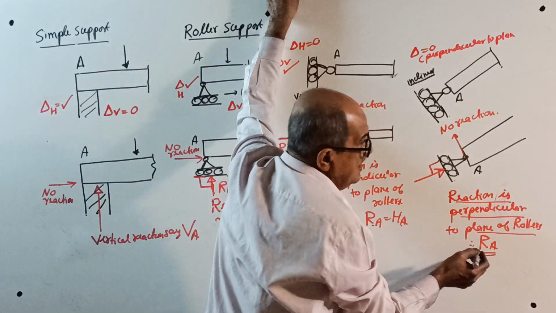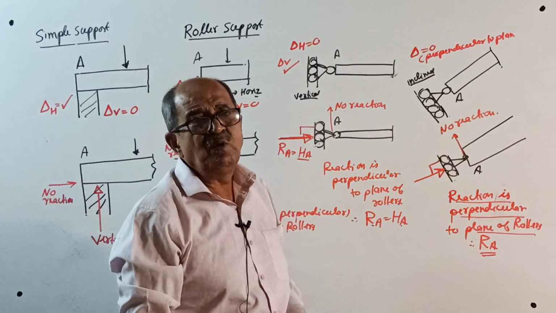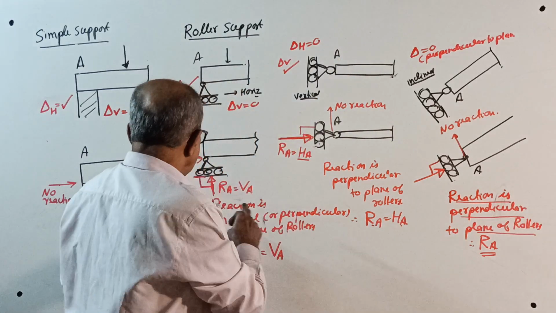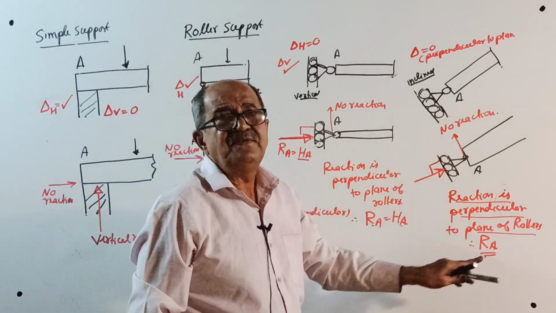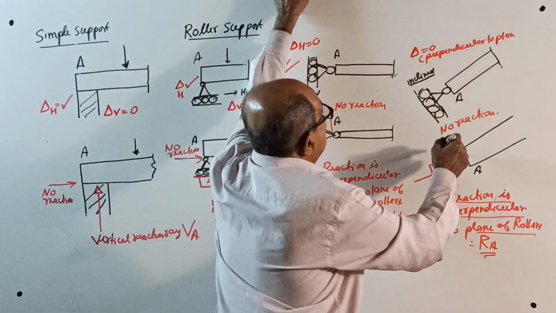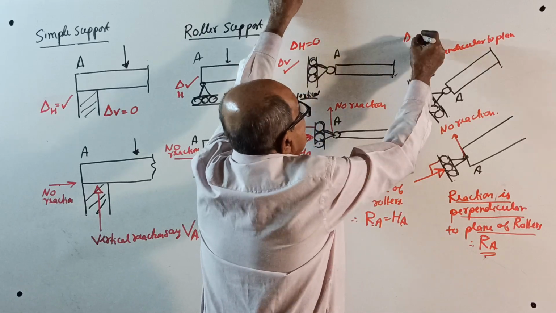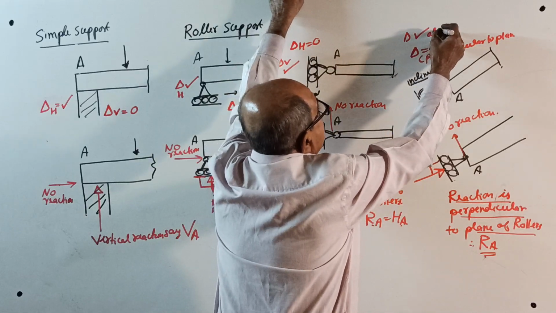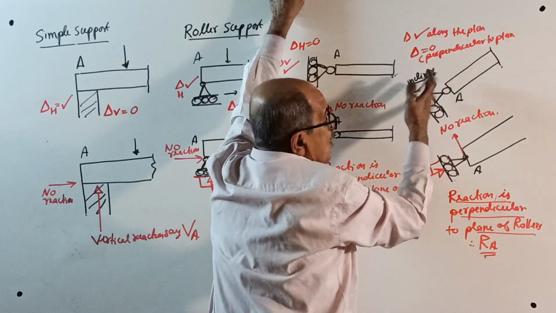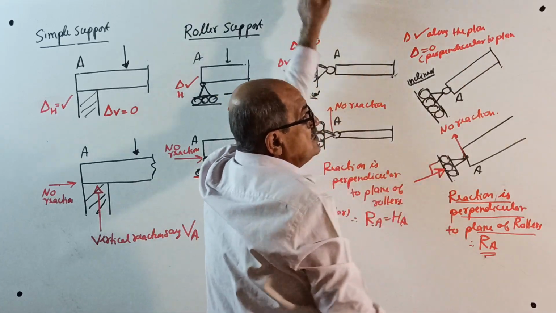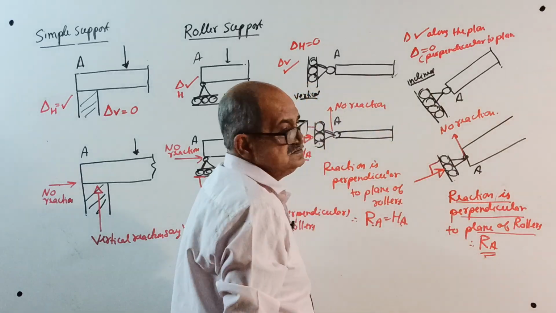Now I will call it RA. It is neither horizontal nor vertical. This R is vertical, this R is horizontal, this R is R. But displacement is allowed along the plane. It is not 0. It can move this way, so no reaction this way.